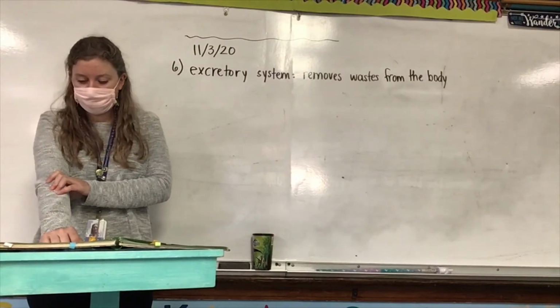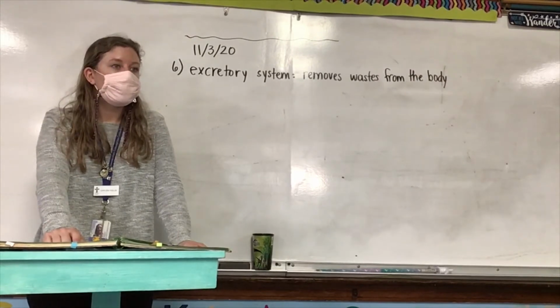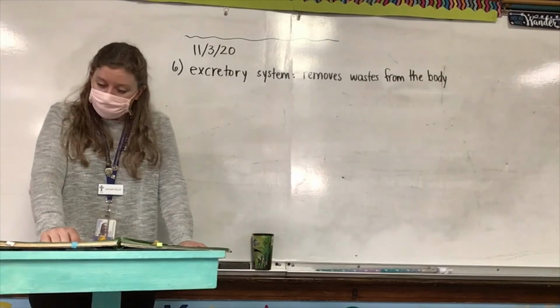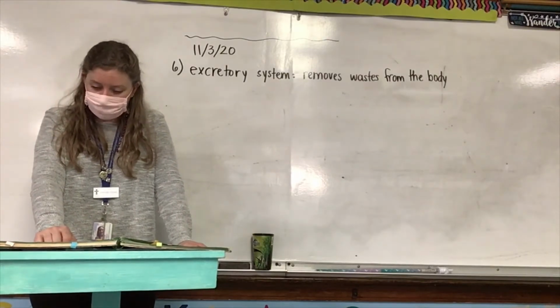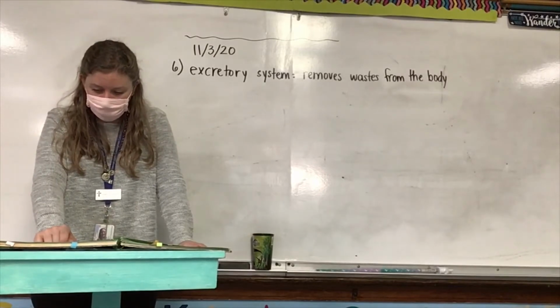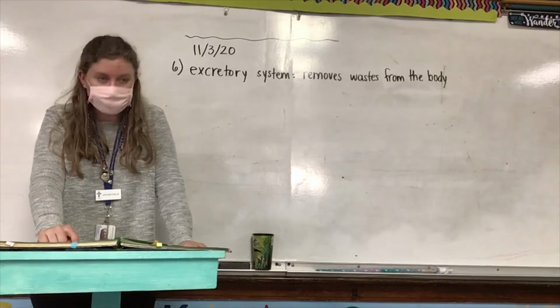Okay, when everybody's finger is on the liver, kidneys, bladder, skin, I will continue reading. The liver, kidneys, bladder, skin, and lungs are excretory organs. The liver and kidneys filter wastes from the blood.